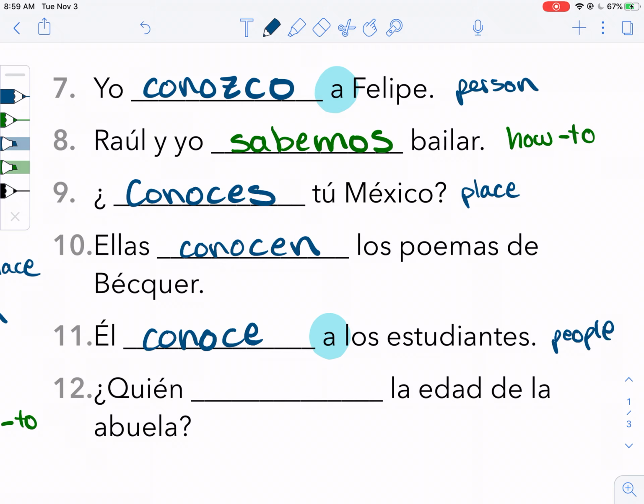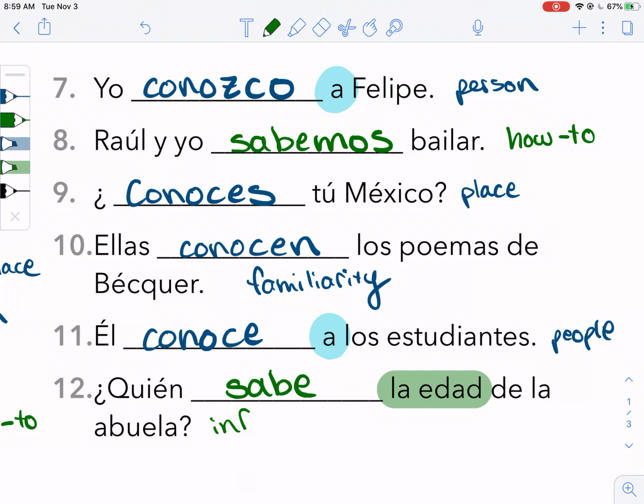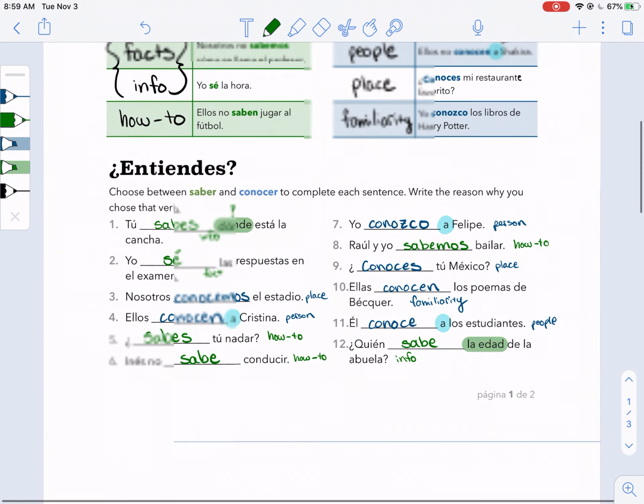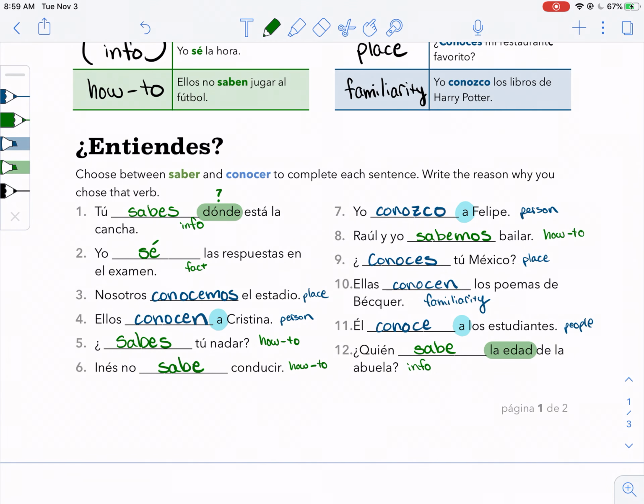Oh, and número 10 is familiarity. Y número 12. ¿Quién? La edad de la abuela. Her age is a piece of information, so that would be sabe. Who knows the information? Who knows the age of our abuela, our grandma?